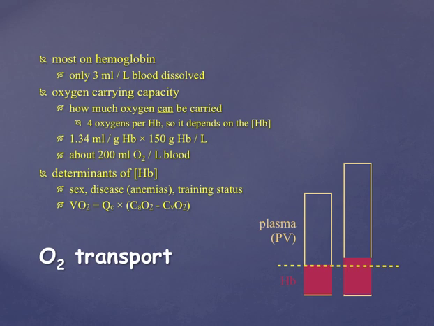And if you remember back, in a trained person, maximal cardiac output, 35 liters per minute compared to 25 liters per minute. Huge improvement, 40%, thanks in part to this increased blood volume. So the trade-off is worth it. I can pump a whole lot more blood, even if each liter of it carries a little less oxygen.